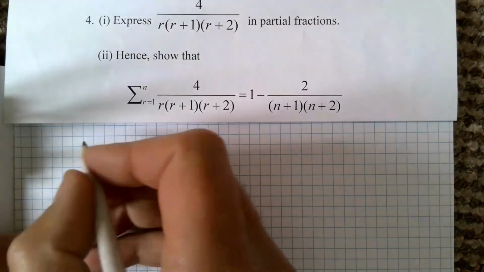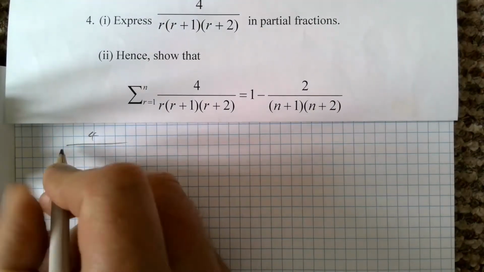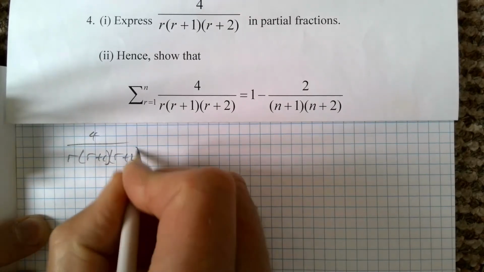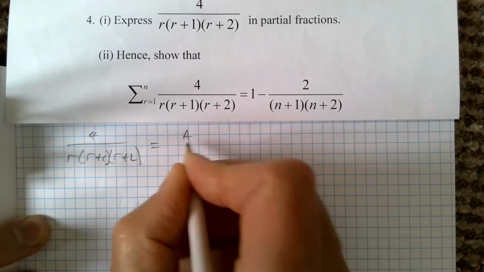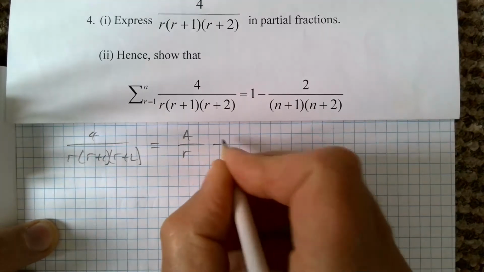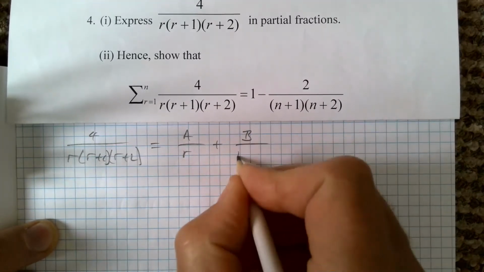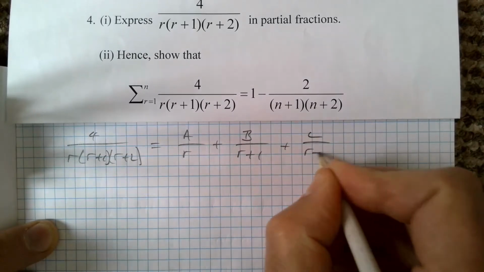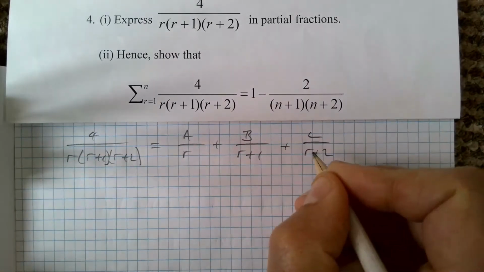So the way we would set this up is 4 all over r plus 1, r plus 2. I would go for a over r plus b over r plus 1 plus c over r plus 2.